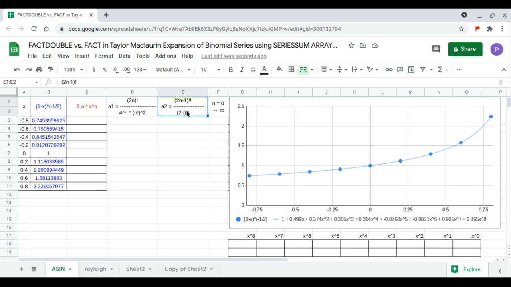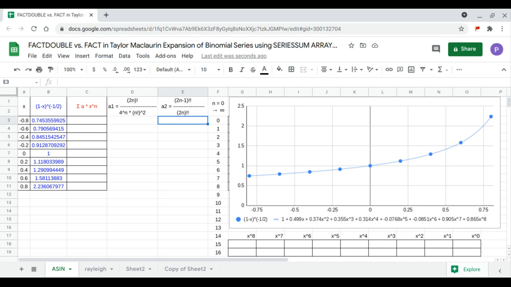In the double factorial, it will be the double factorial of the quantity 2n minus 1 all over the double factorial of 2n. And the value of n will start from 0 to infinity. In this case, we can go as far as 16, which is good enough.